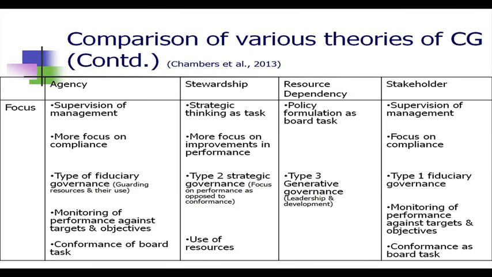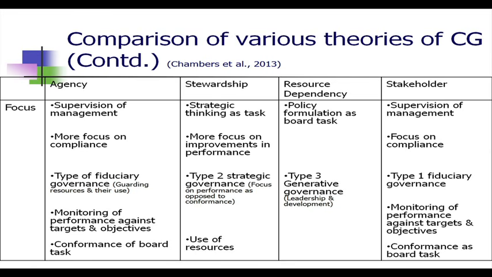and they require conformance of board tasks. Now, when we look at stewardship theory, the focus of the board becomes strategic thinking. The task of the board is to think strategically. Then there is more focus on improvements in performance. Type 2 strategic governance, the focus on performance as opposed to conformance.